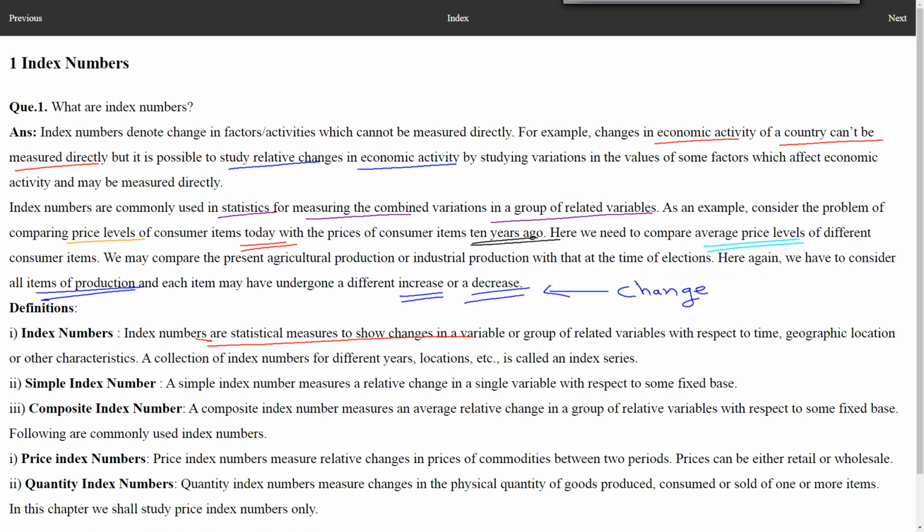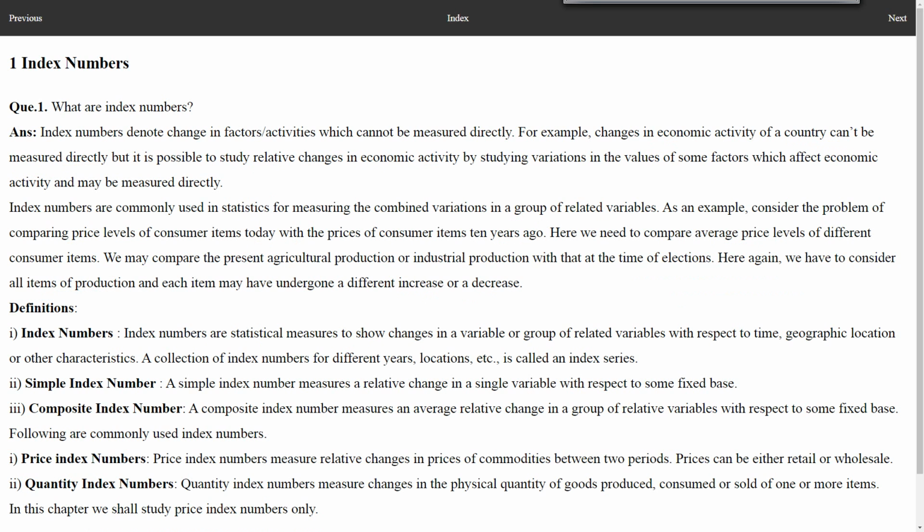A collection of index numbers for different layers, locations may also be called an index series.